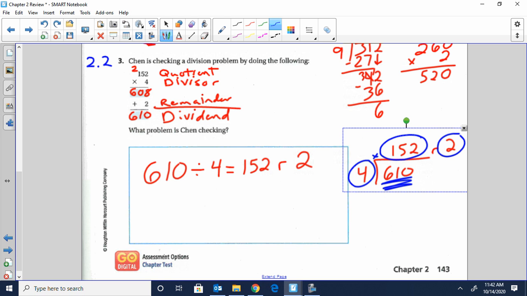On your test, you will have to set up the division problem that matches the multiplication problem here. So make sure you know that it's going to be quotient times divisor plus the remainder equals the dividend. So dividend is first, divided by the divisor equals your quotient with the remainder.